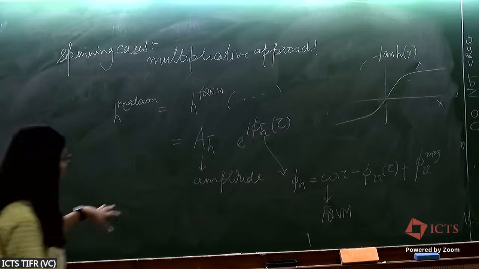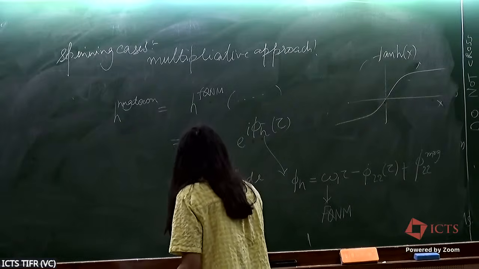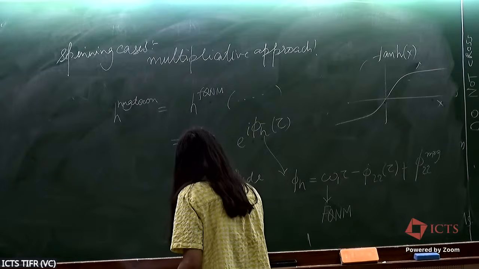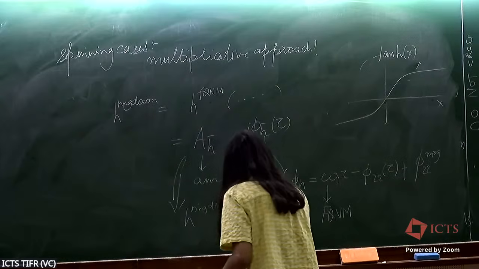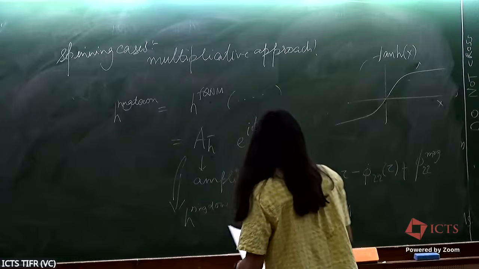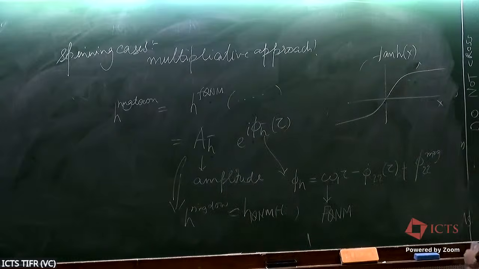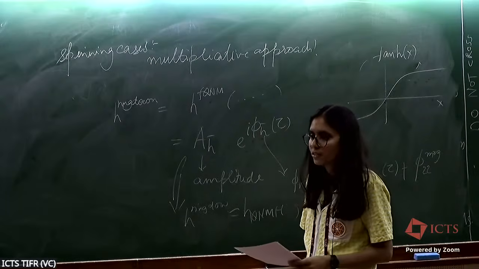Hence, we expect that after some time, this should behave like the H coming from the quasi-normal mode plus some corrections. So it's asymptotic to some value, and we can say that these two things are tanh functions.